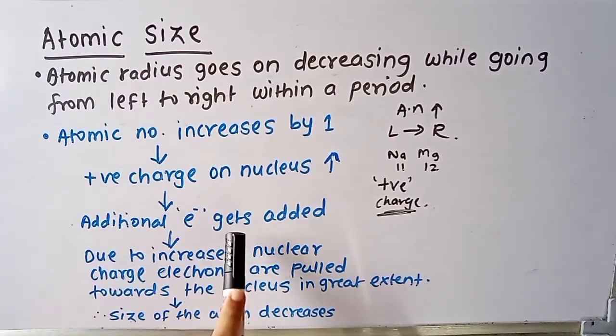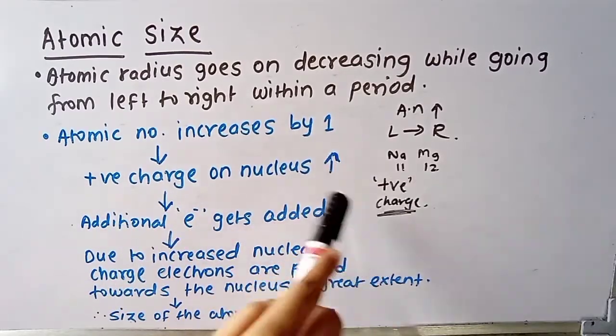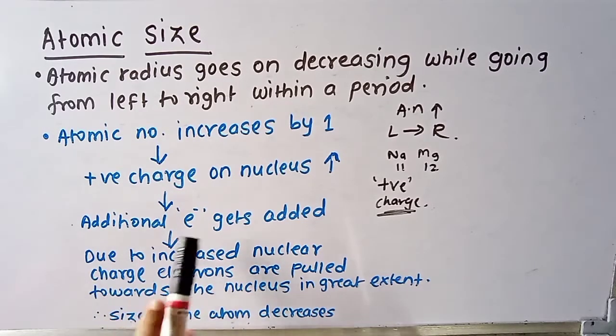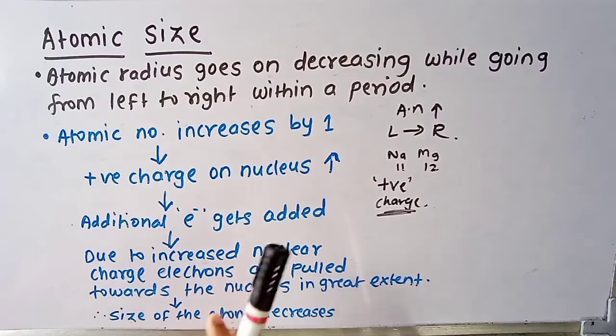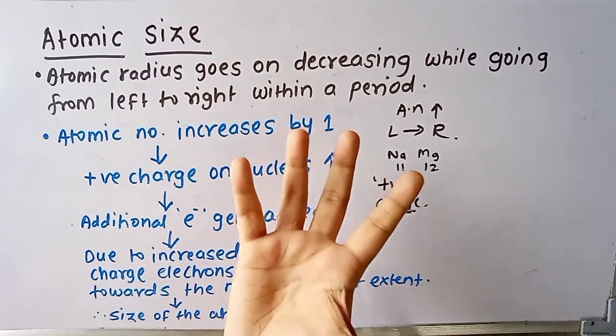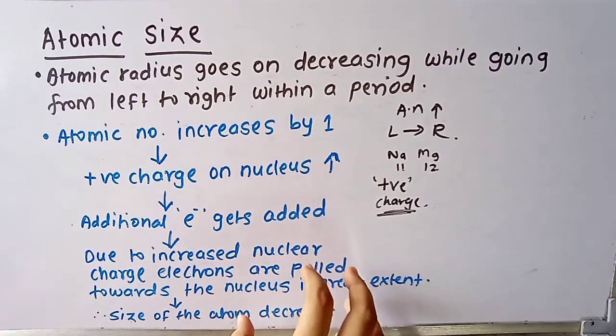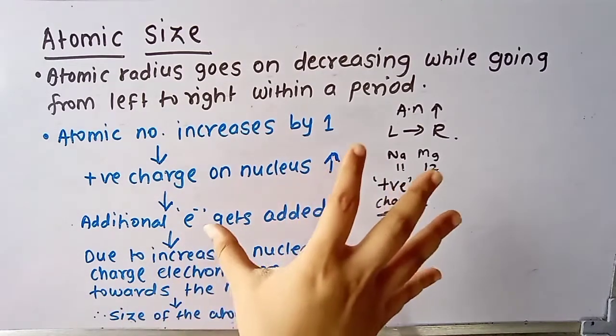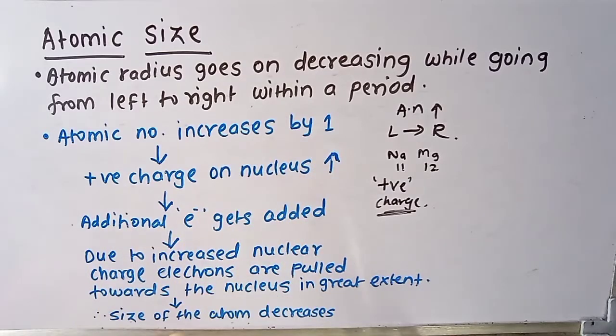At the same time, additional electrons get added to the same outermost shell, meaning the last orbit, and due to the increased nuclear charge, electrons are pulled. Due to the increased nuclear charge, the positive charge increases as well as the electrons in the outermost shell. So opposite charges attract each other.